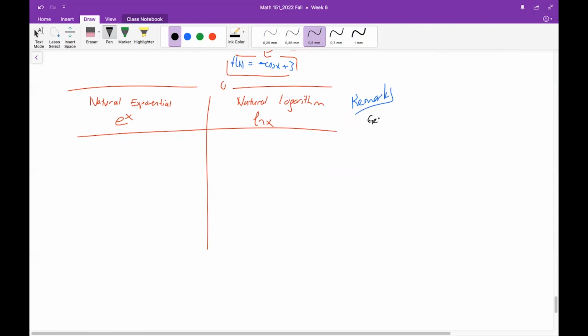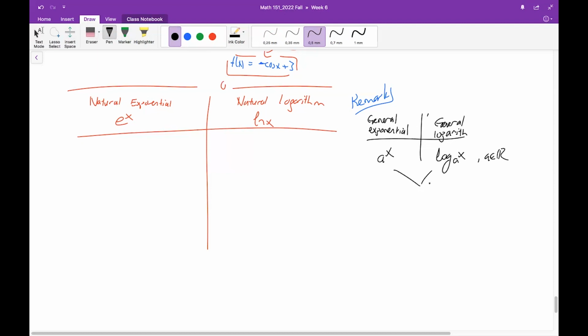Let me remind you of them. The general exponential function and general logarithm function are a to the power x and logarithm base a of x, right? Here a is a random real number. You can use any real number there, okay?